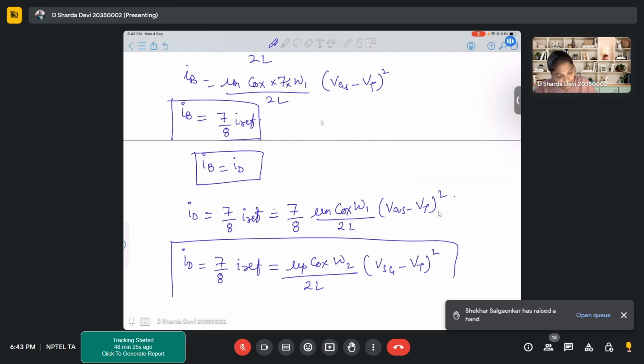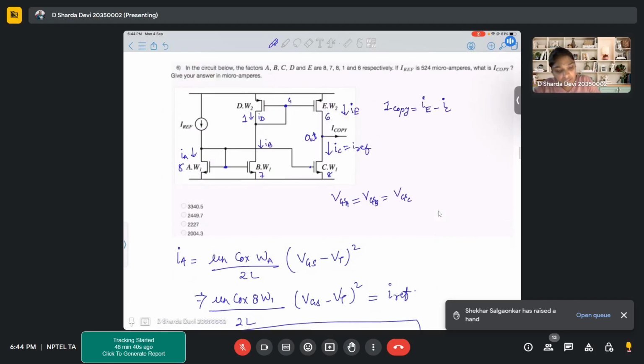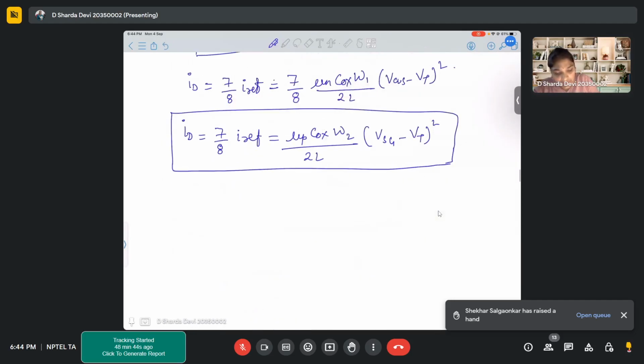So this is the value of ID that we are getting. For this particular transistor, the gate voltage has been shared and the source is also shared, so we have the same VSG for transistor D and transistor E.